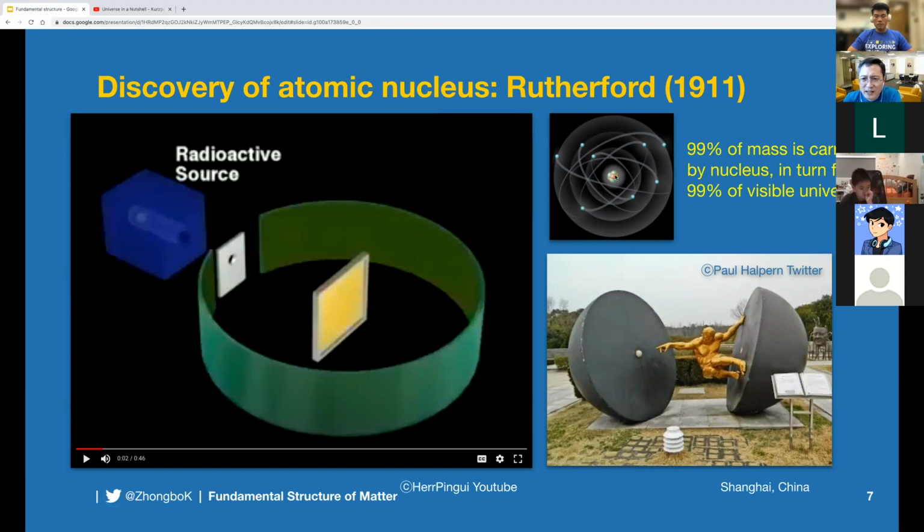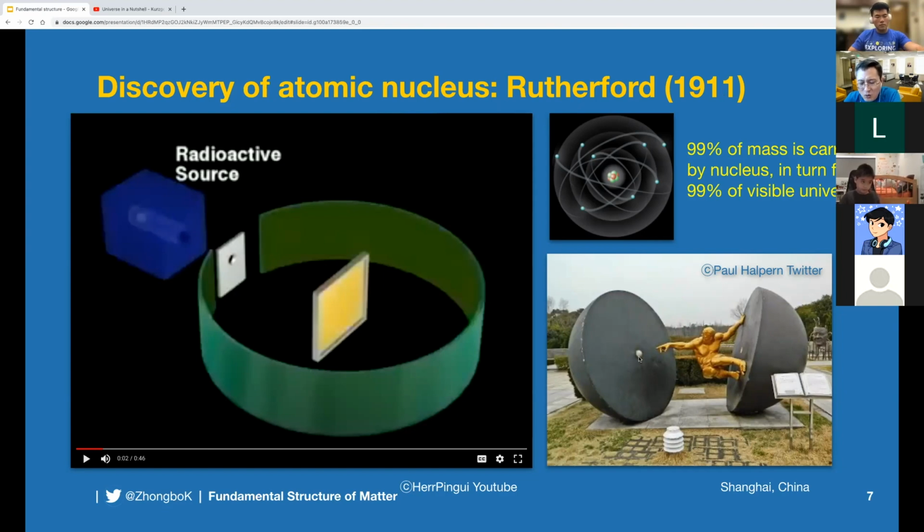This is what's called the atomic nucleus. Interestingly, even though it's so small, it's 4 orders of magnitude smaller than the atom's size. This atomic nucleus is 10 to the minus 14 meters, and the size of the atom is 10 to the minus 10. The scientist who discovered this is Rutherford, back in 1911.